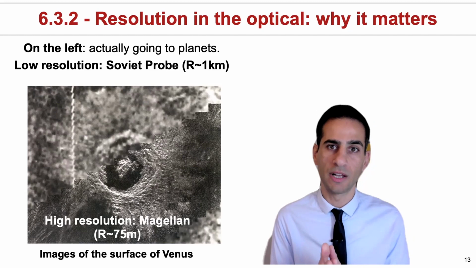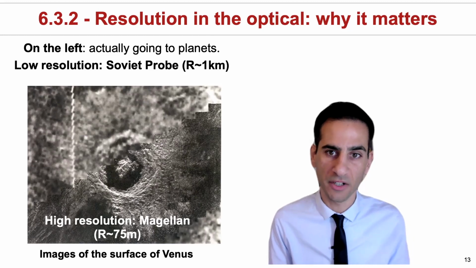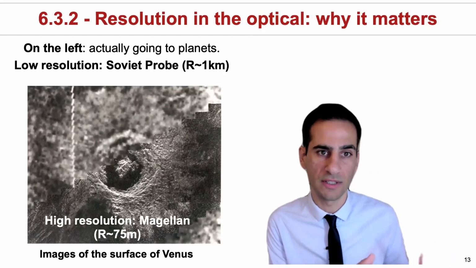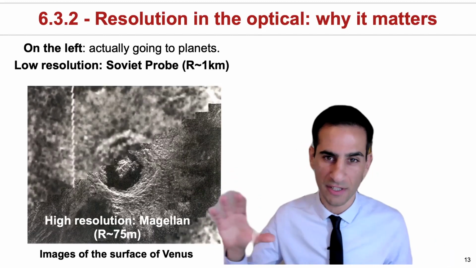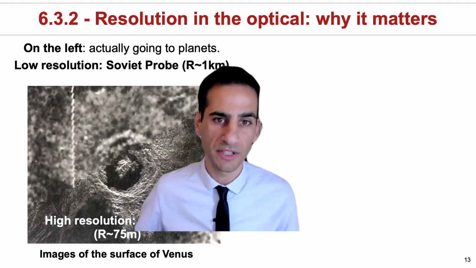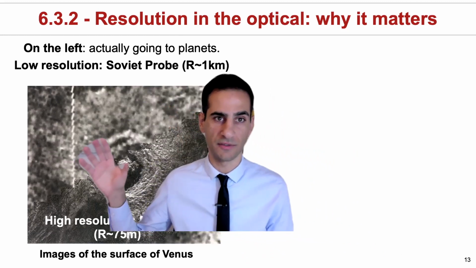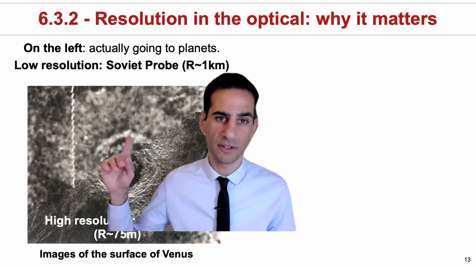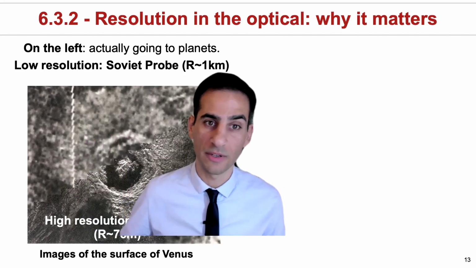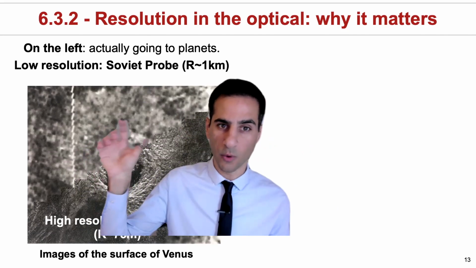A nice example of why resolution matters, in this case in the optical, can be seen even in our own solar system. In these two pictures that have been combined, you can really see the difference between imaging the same place, in this case the surface of Venus, with something that is quite poor in resolution. The resolution in this case is something like 1 kilometer.